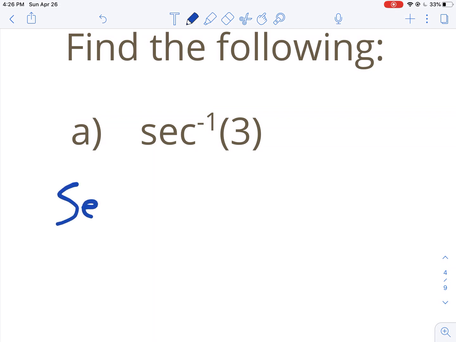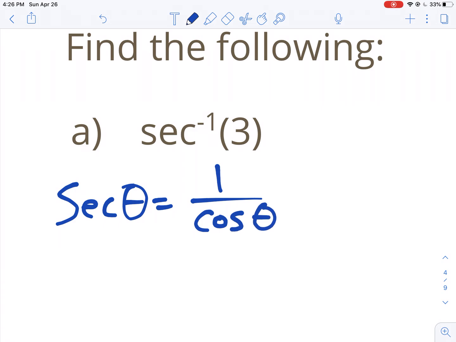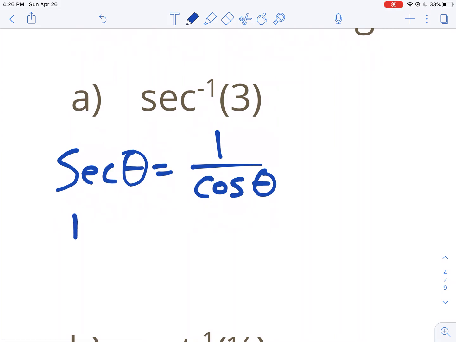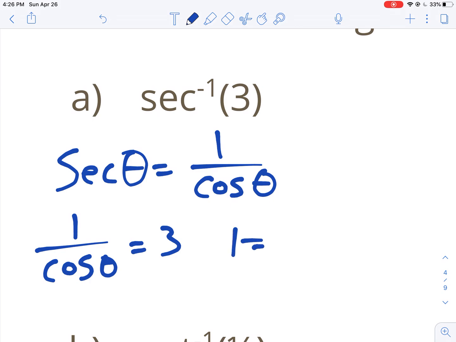What I can say is that the secant of theta is equal to 1 over the cosine of theta. And now I can say that 1 over the cosine of theta is equal to 3. So then I can say that 1 is equal to 3 times the cosine of theta.